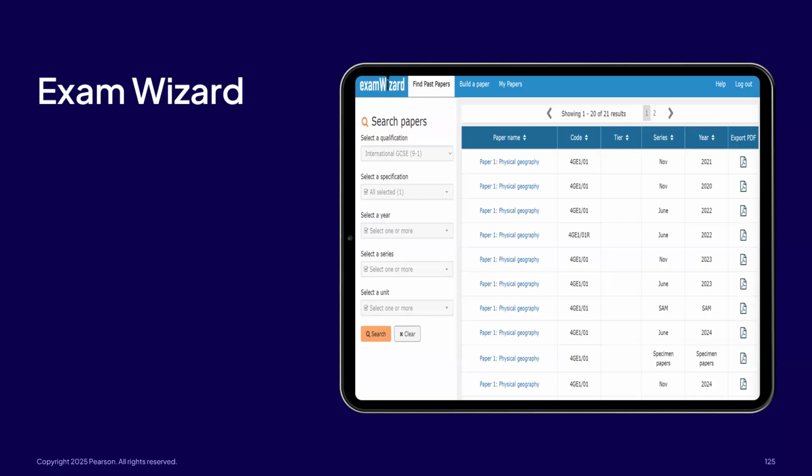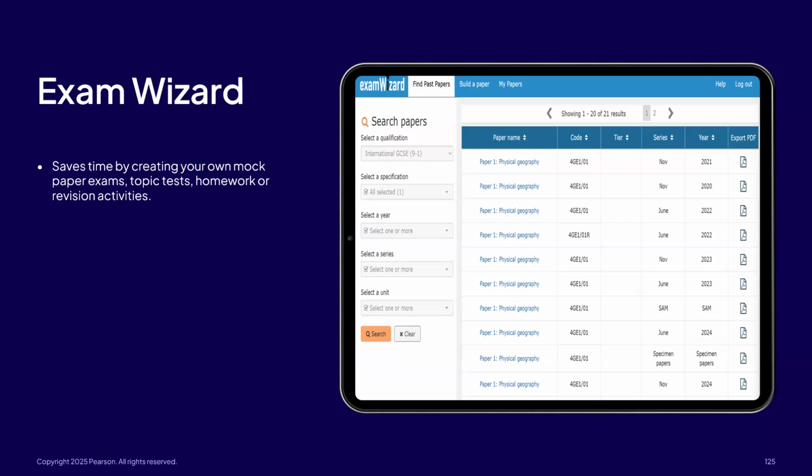Exam Wizard uses questions from past papers, so the bank of potential questions increases with each series to produce bespoke questions or question papers depending on what teachers are selecting to test. So it will save you time by creating your own mock papers if you don't want to use the exact mock papers that are padlocked in the past papers section.